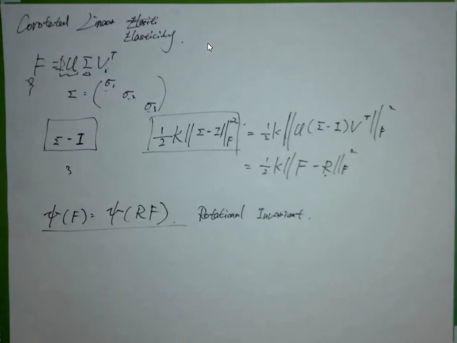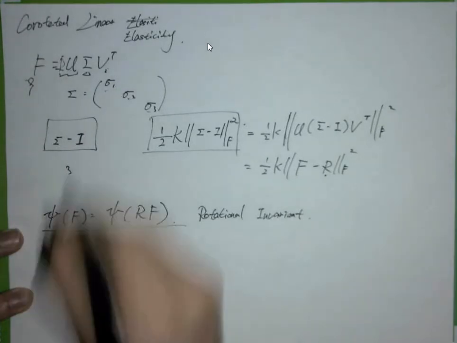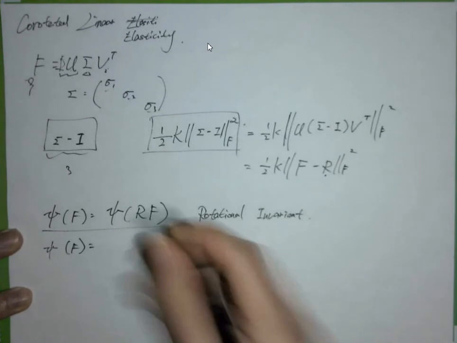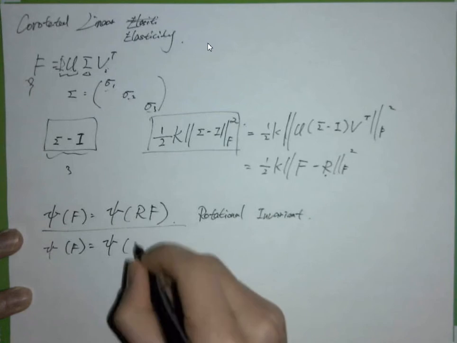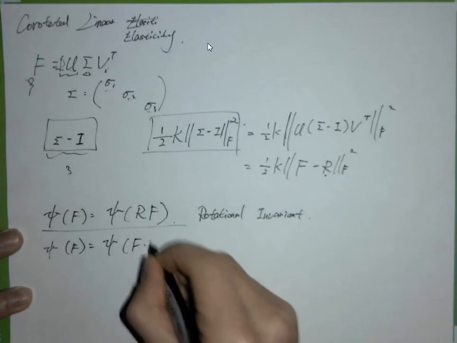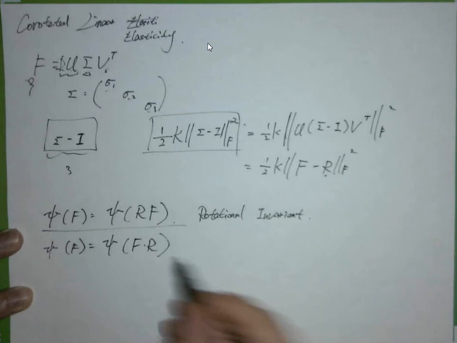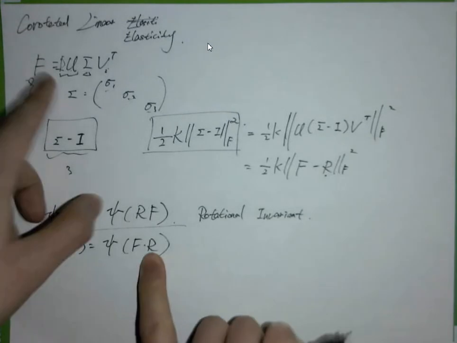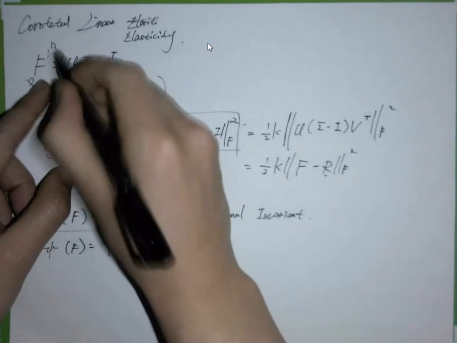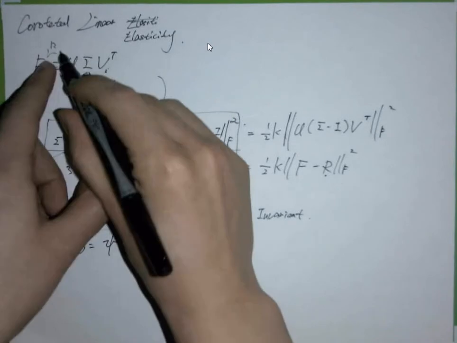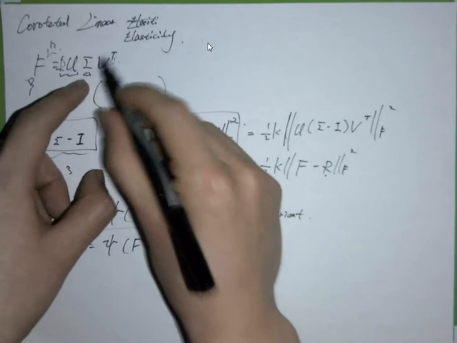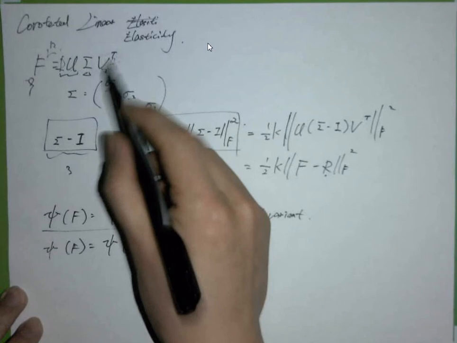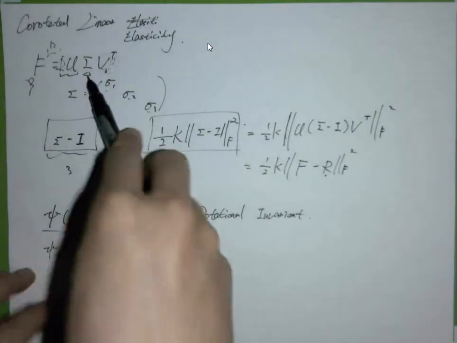But if we are measuring the strain this way, I actually have another property by accident. It also equals phi of F multiplied by R on the right hand side. Think about it. If I multiply by an R matrix on the right hand side, it will only multiply V by R transpose, and V R transpose is still a rotation matrix. My sigma is also not changed.